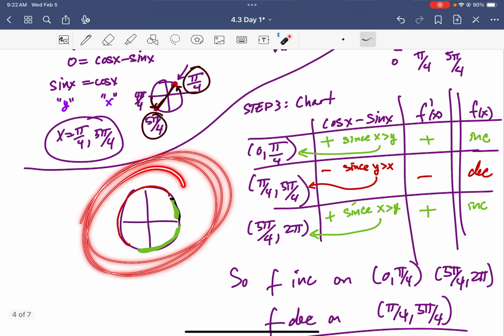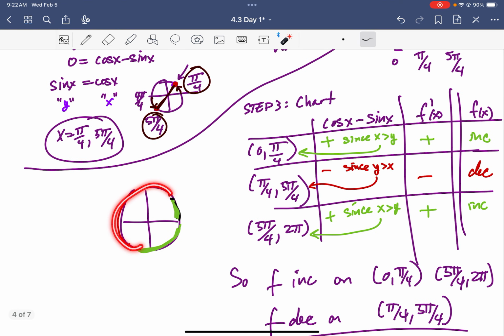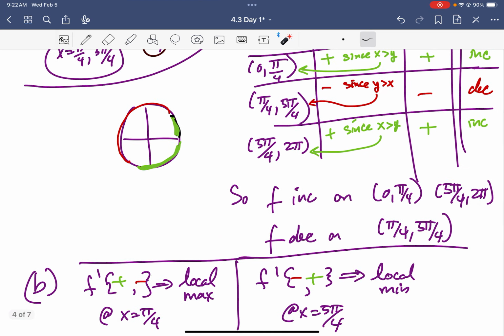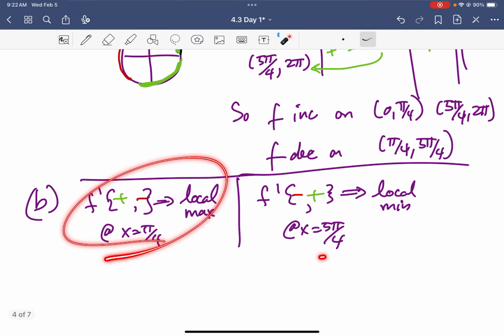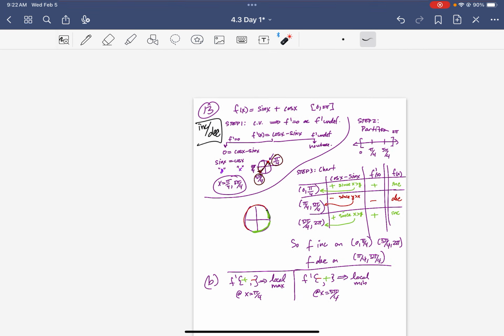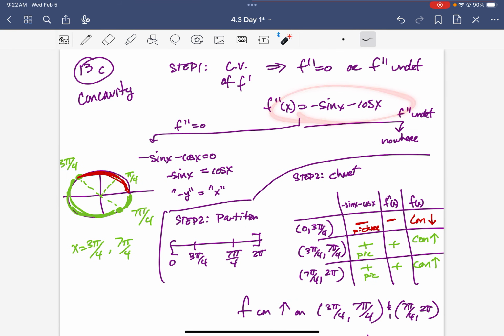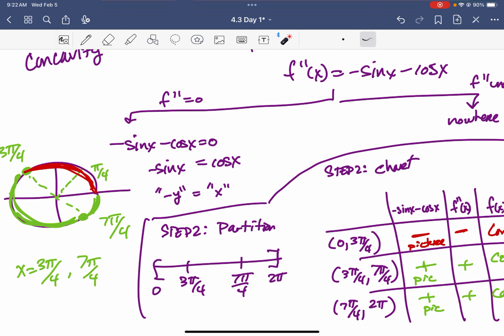So we really had to use our unit circle and then pick points to reason our way to these answers. So that's where f is increasing or decreasing. And then we have a local max and local min where we change sign of the derivative. Similarly, when we take the second derivative, I get this equation, which really means I need to find where negative sine is equal to cosine.